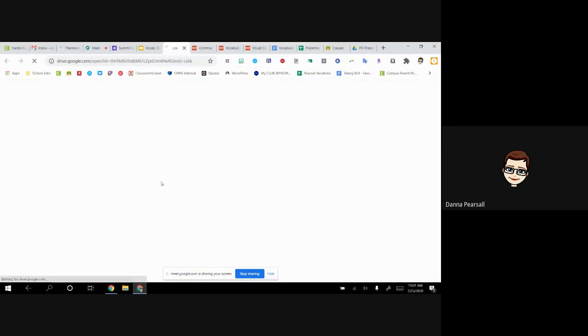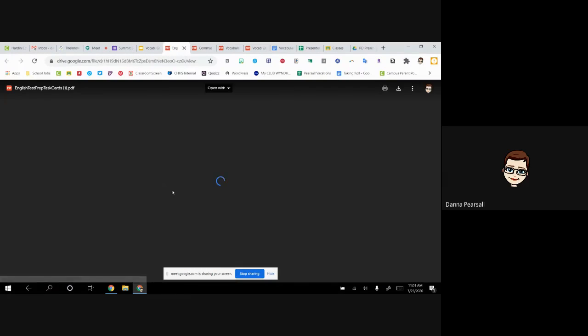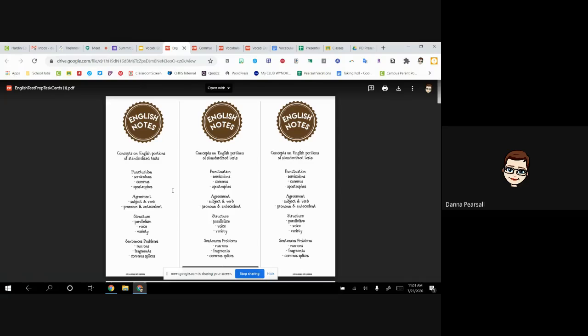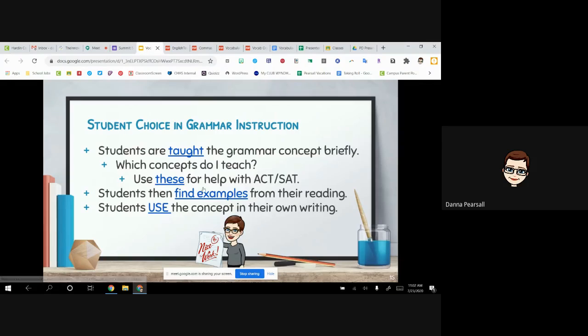And then if you're in high school, this document is useful because these are the concepts that are most frequently seen on the English portions of standardized tests. So you could use this as a guide as to the things that you might want to emphasize in your grammar instruction. But then here's the important part.